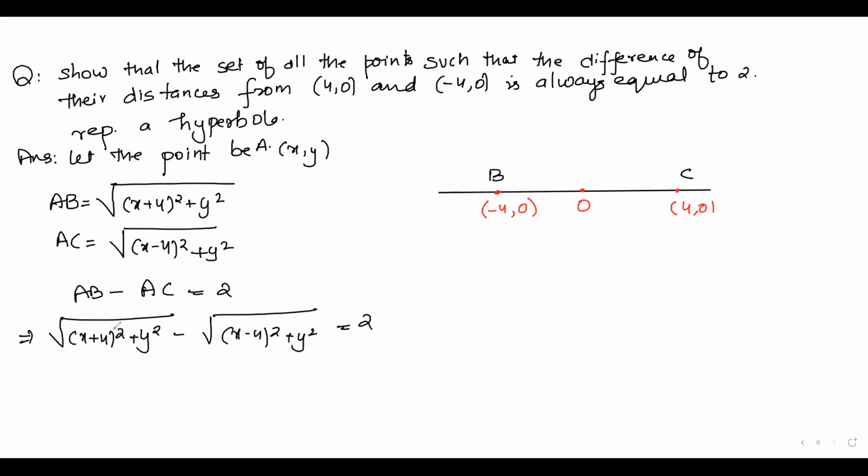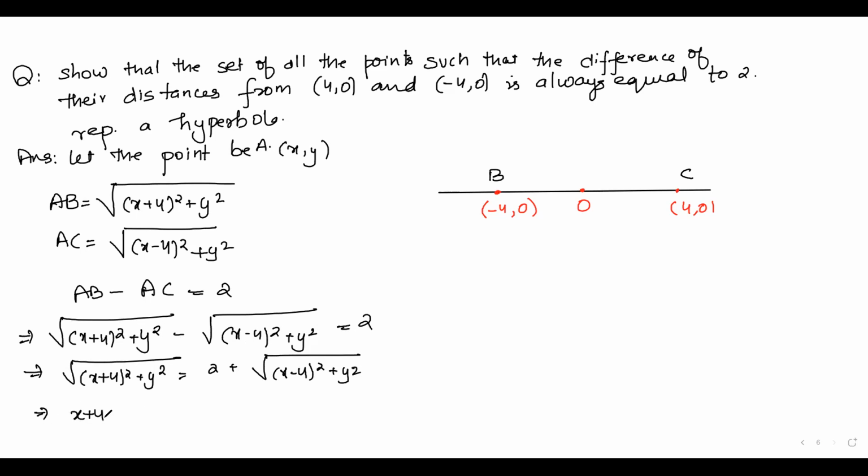If we do the squaring over here directly, we get a 2ab term with two roots and it will become very complicated. So please shift this part to the right side. You get the square root of (x plus 4) whole square plus y square is equal to 2 plus the square root of (x minus 4) whole square plus y square. Now do the squaring on both sides.